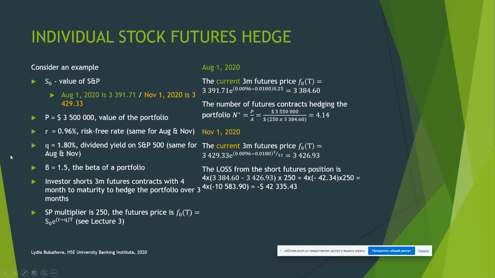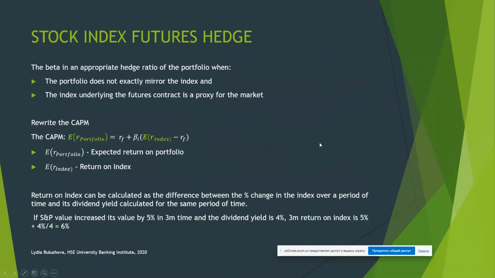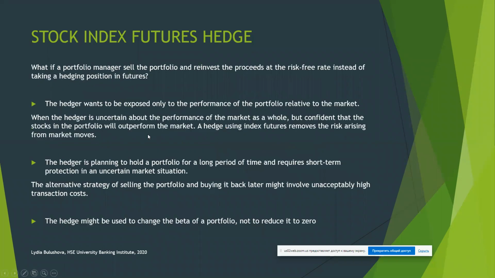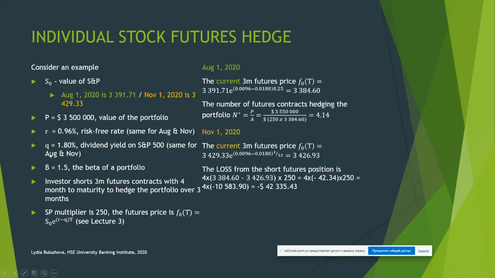This is Googleable, so we just need to calculate this part. That's why we have dividend yield here, our beta, and details.